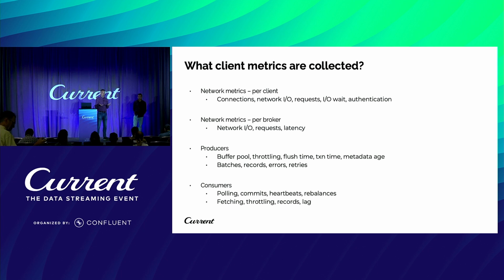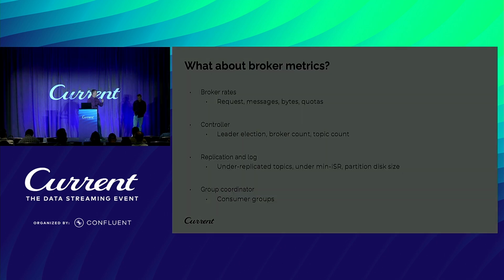They include things like the network behavior, the latency for sending data to and fro, how many bytes are being sent, how long it takes to do it, whether authentication succeeded or not, and how the memory is being used in the producer, how frequently data is being committed by a consumer, how often it rebalances. Those are the ones the clients actually record for themselves. So if you want to understand the client's view of performance, you need to ask it. That's what the KIP is all about.